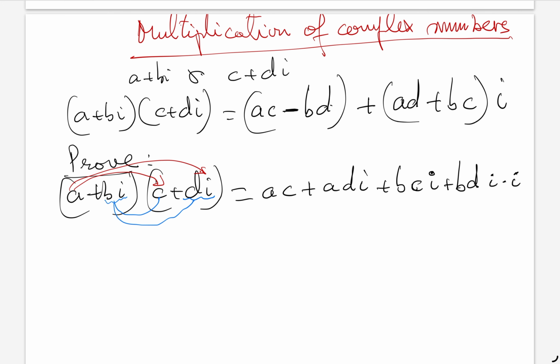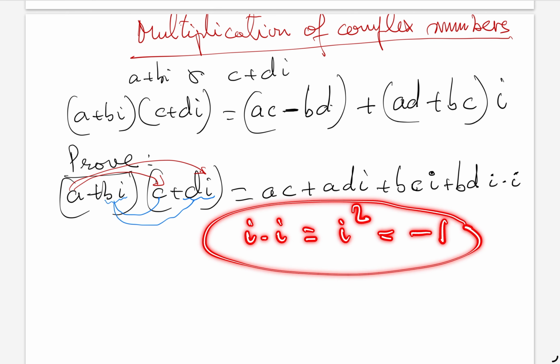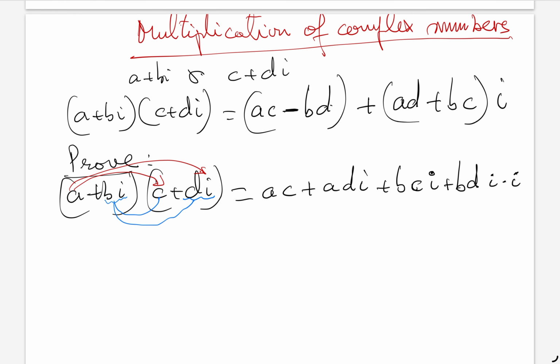Be careful here. You see this one? i times i, you have to remember i times i is equal to i squared, which is equal to negative 1. It's where the negative sign comes from. Got it? Okay, let's break it down. So you have ac plus adi plus bci, and then you have bdi squared.